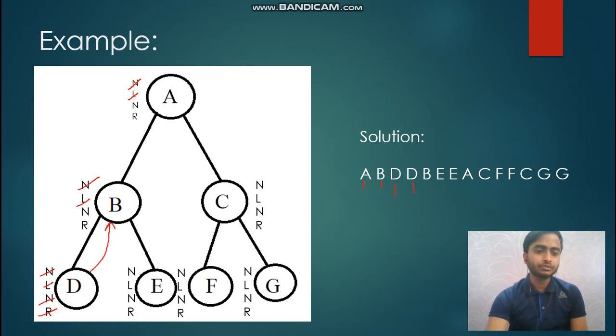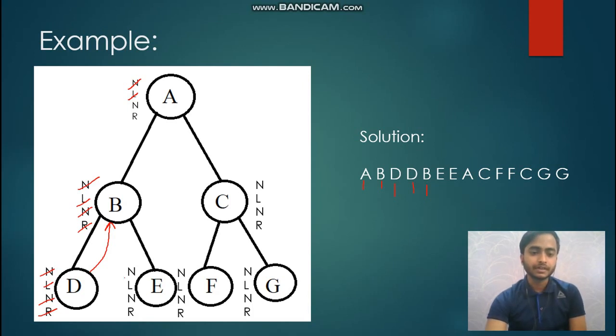We see that two steps are remaining here, N and R. We apply the third step of the algorithm, which is N, print B. B is printed. Now the next one is R, that is to traverse the right subtree of B. Right subtree of B is E. So we simply come to E and apply the algorithm again recursively.